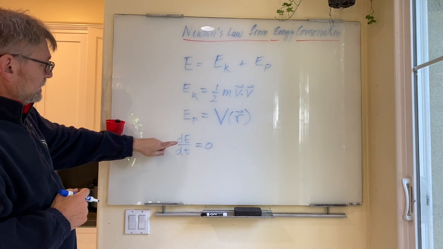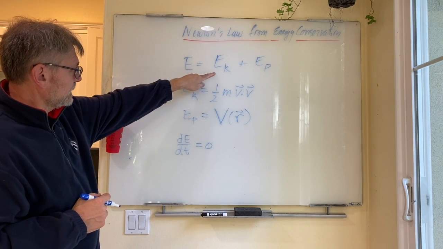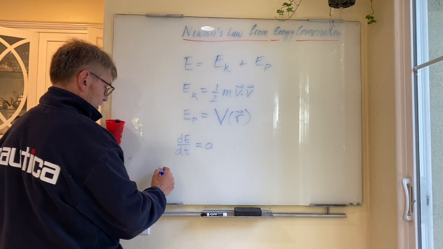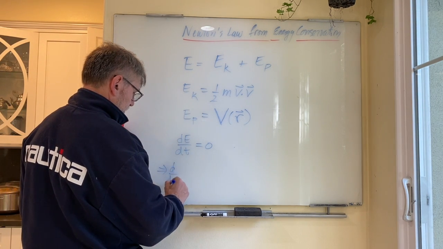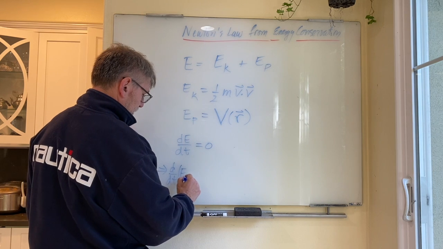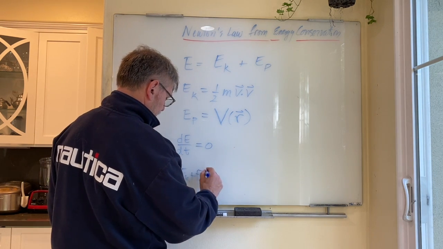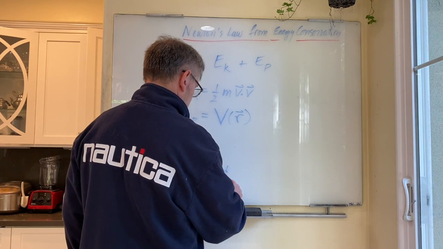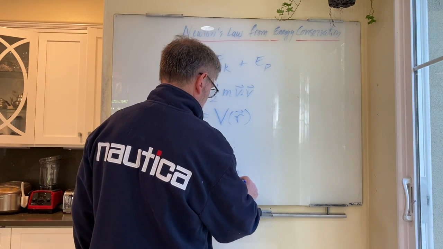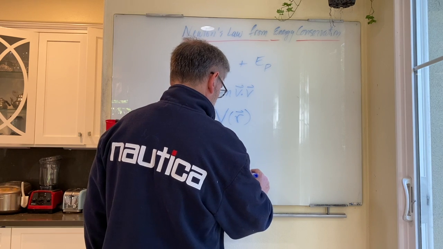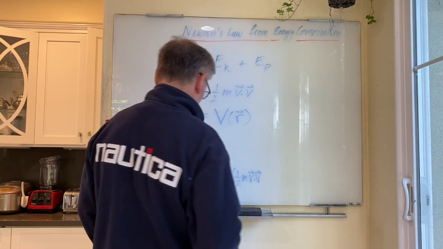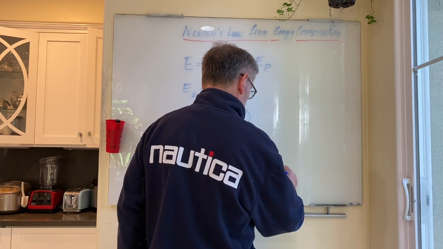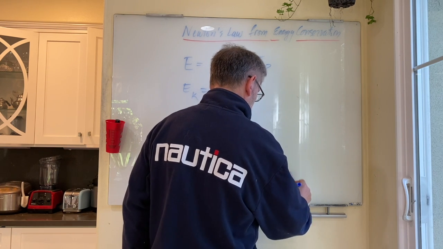So I'm going to sub in what E is using these two, E kinetic plus E potential. That gives me d by dt of E kinetic plus E potential, which is now equal to d by dt of 1/2 mv dot v plus V of position r, and this is the potential.